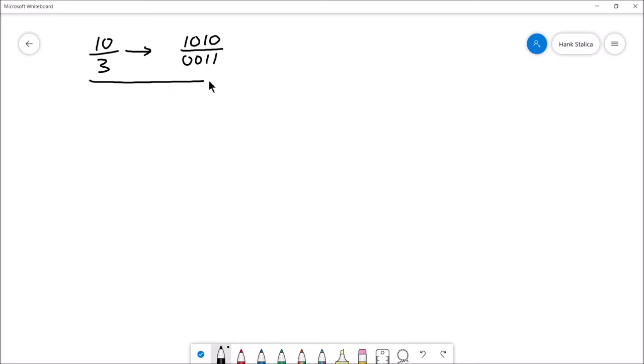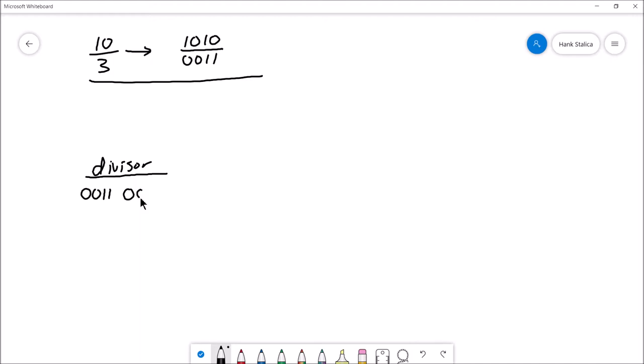Now once we have that converted, we have to set up some registers. We're going to need a register for the divisor, and that register is going to get initialized. Here's the thing: the divisor register needs to be twice as big as the other registers, and the divisor is initialized in the upper half of that register. So that 3 is going to go in the upper half.